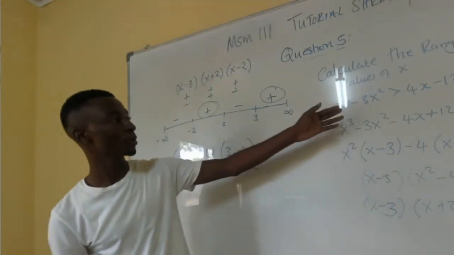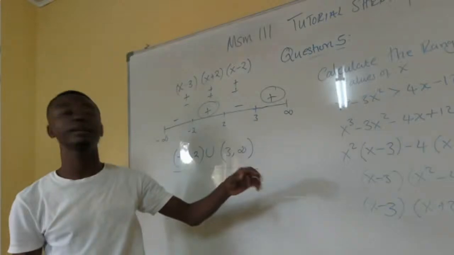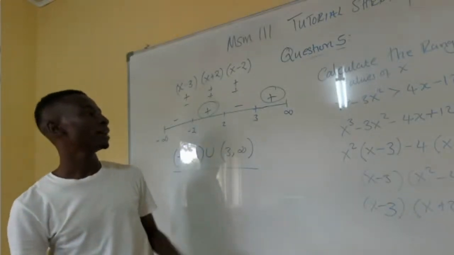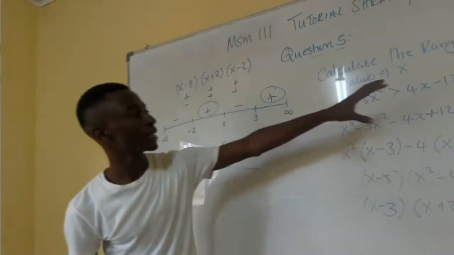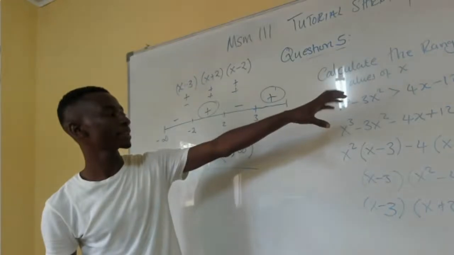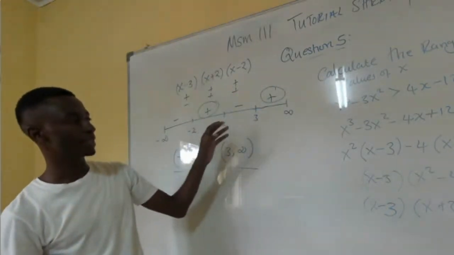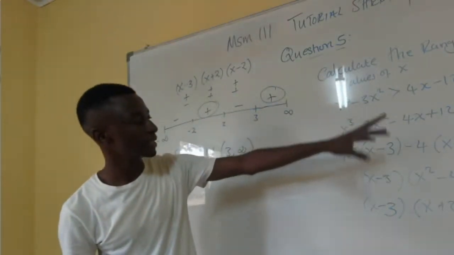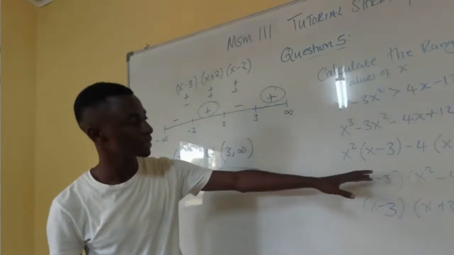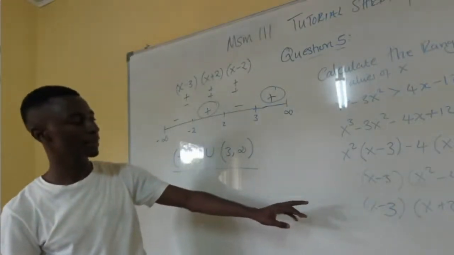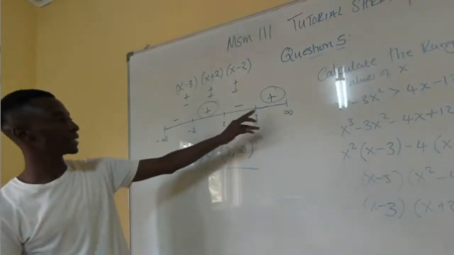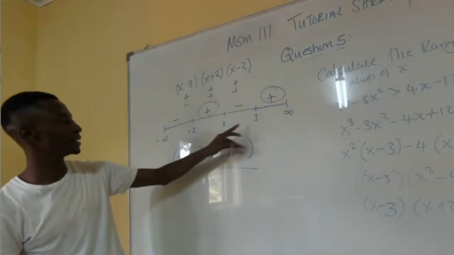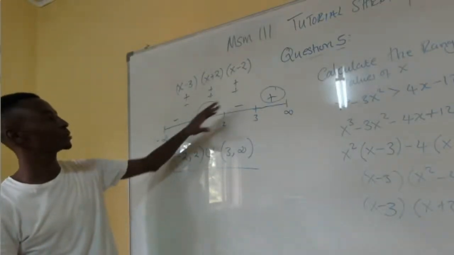So this is what you're supposed to do. If you want to find the range of values of x, what you're supposed to do is to move the function from the other side to the other side. Then you say greater than 0. From there you factorize the function. After factorizing the function, then you draw a line like this one. You say infinity, 3, 2, negative 2, then you start testing.